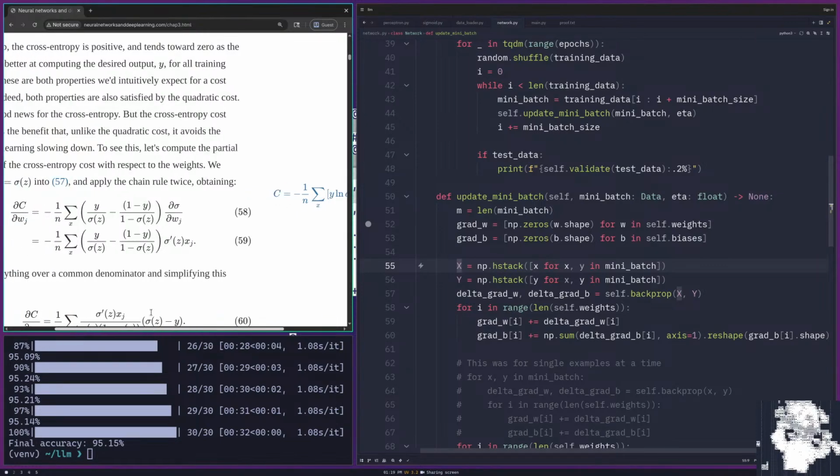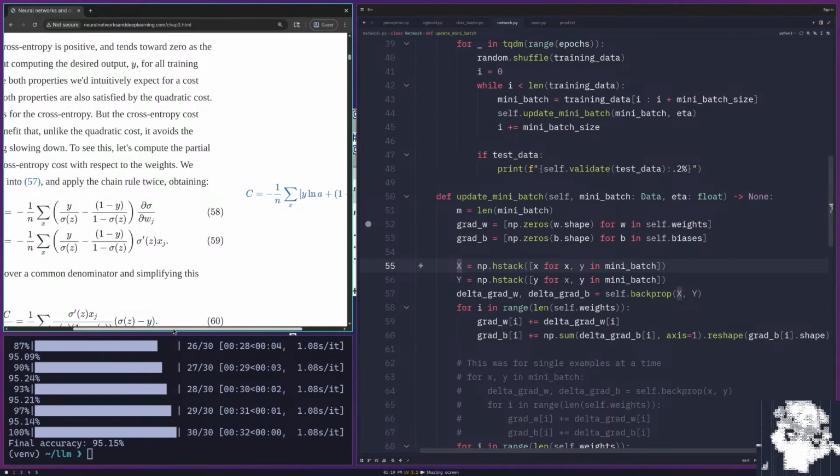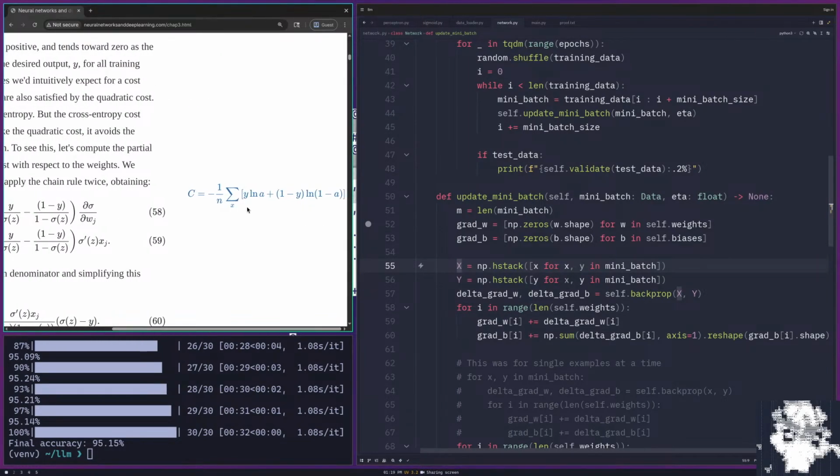We're going to take the derivative of c with respect to w, and then by doing the chain rule, that's the same as the derivative of this with respect to a times the derivative of a with respect to w.